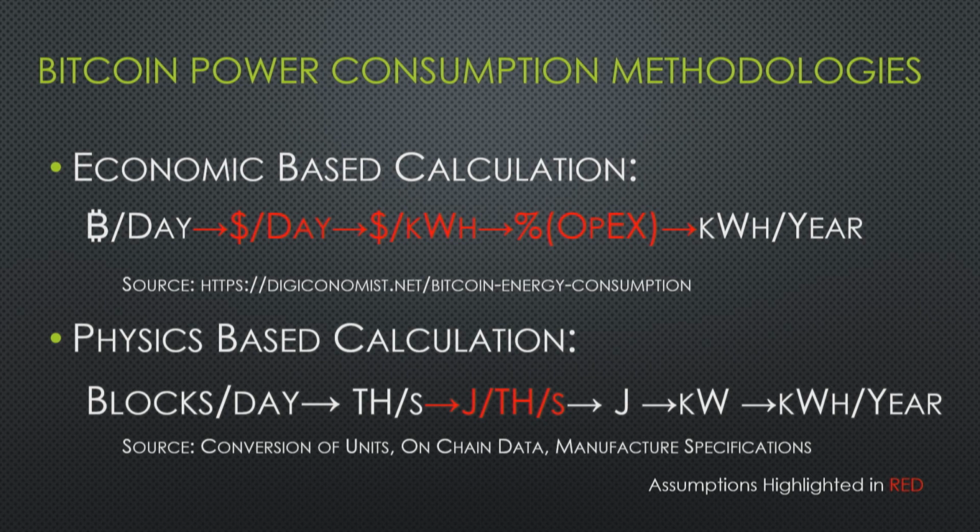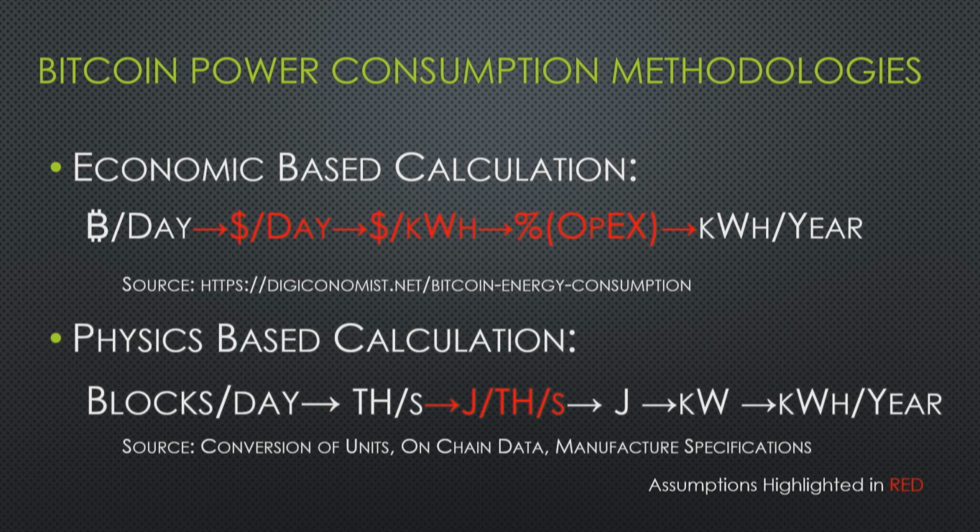The economic calculation starts at how many Bitcoin are created per day, and what is the dollar valuation of that Bitcoin. From there they also estimate global cost per kilowatt hour, which is also problematic because electrical prices, even just in the US, vary widely, anywhere from 4 cents a kilowatt hour to 30 plus. That is a pretty gross assumption to make, in my opinion.